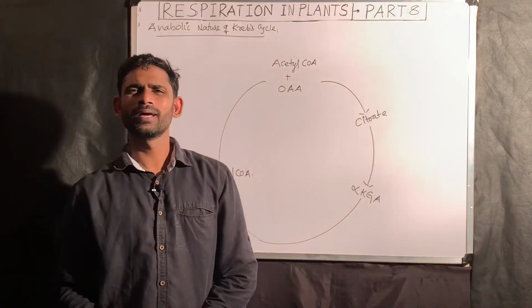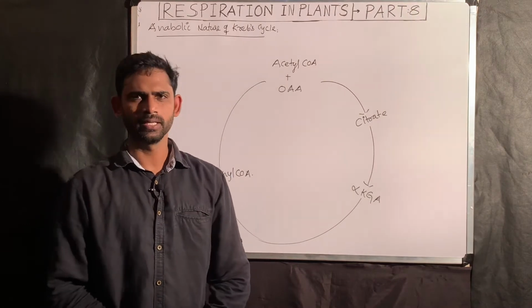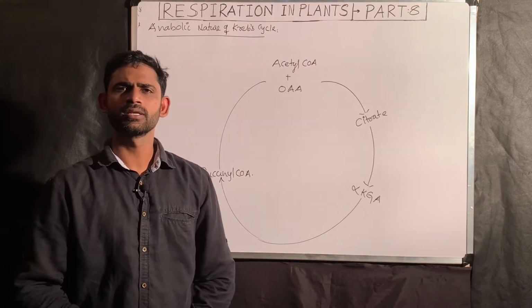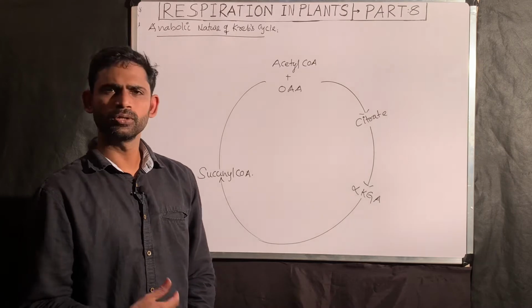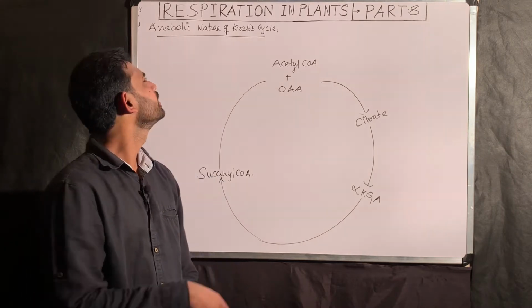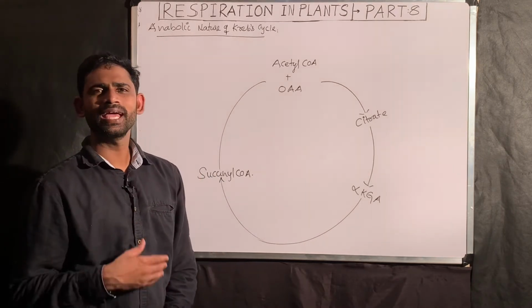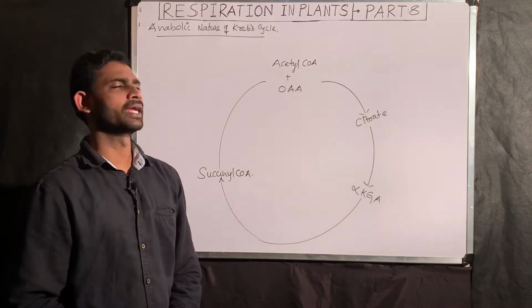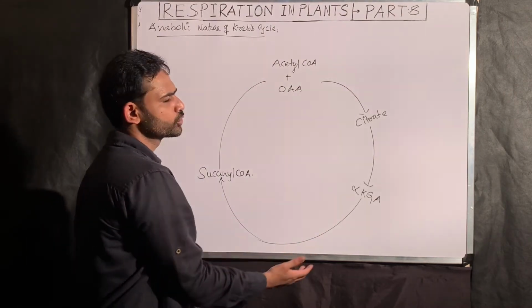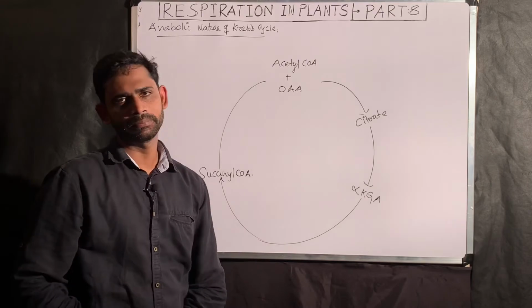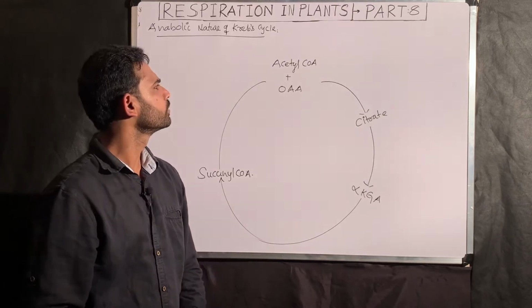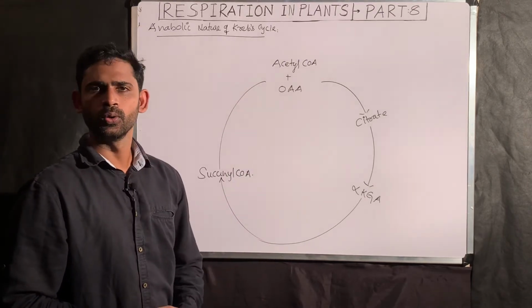Explaining the bioenergetics of the Krebs cycle, that is the aerobic cellular respiration that includes both glycolysis and the Krebs cycle. Now I am going to explain the anabolic nature of the Krebs cycle. Roughly, I showed some of the intermediates of the Krebs cycle. First, you take the acetyl-CoA.